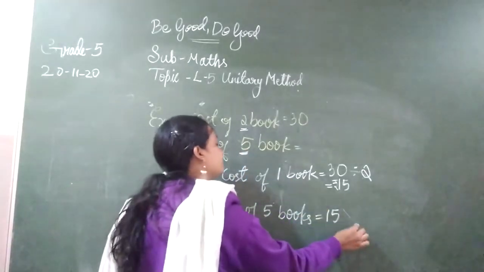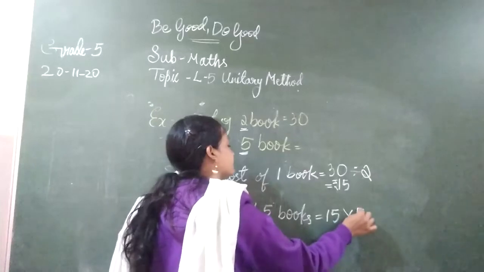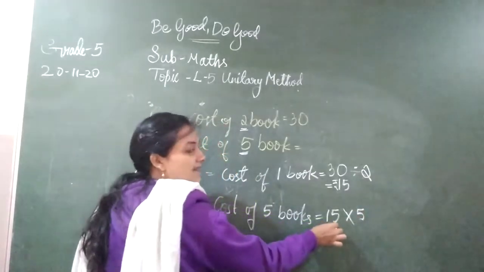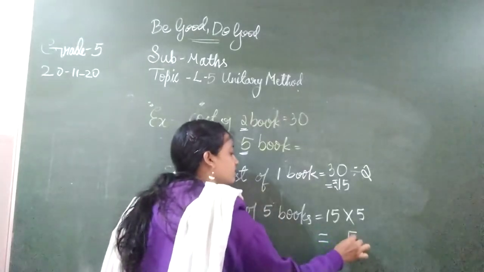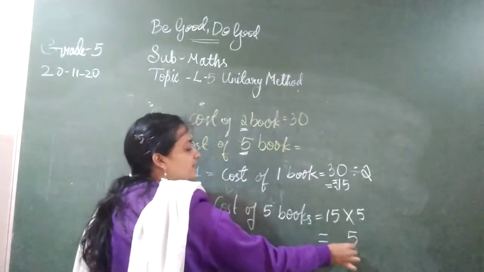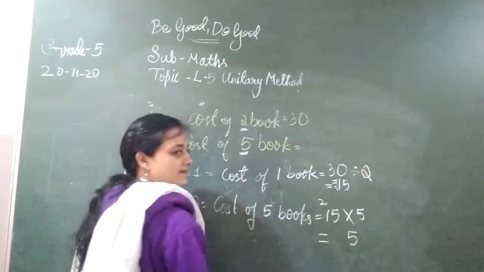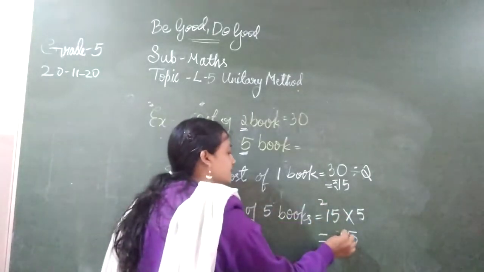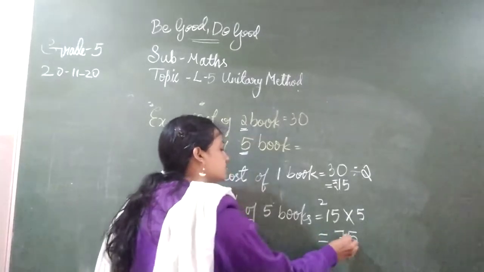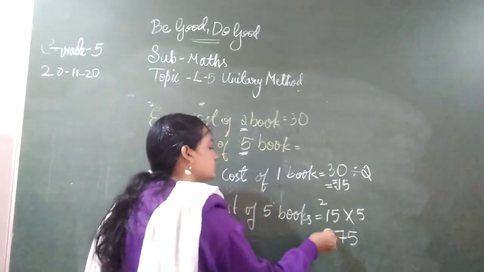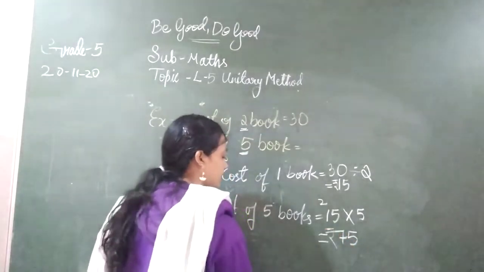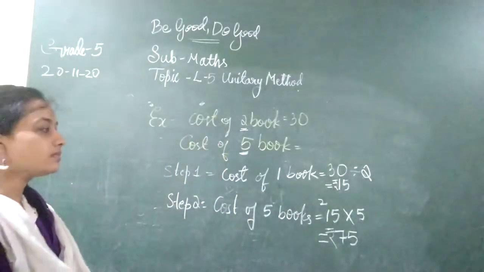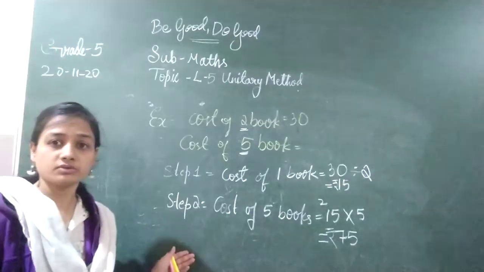So I multiply 15 with 5. So what is my answer? 5 5s are 25. 5 to carry. 5 1s are 5 plus 2 is 7. So the cost of 5 books is 75 rupees.